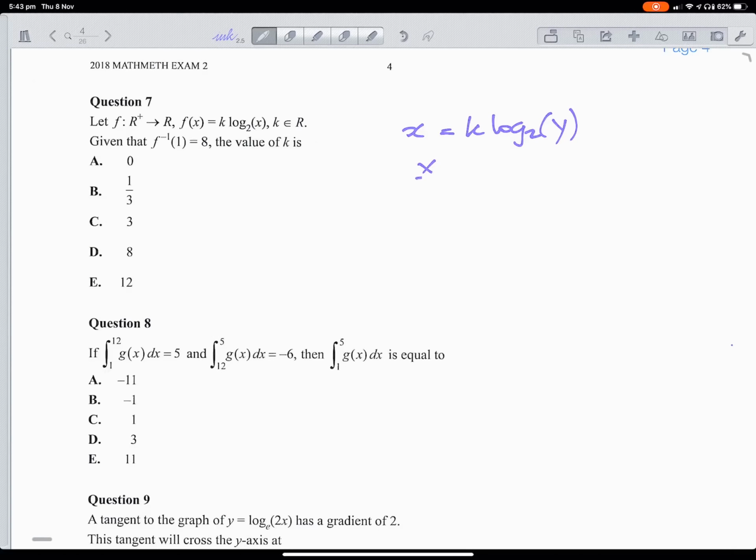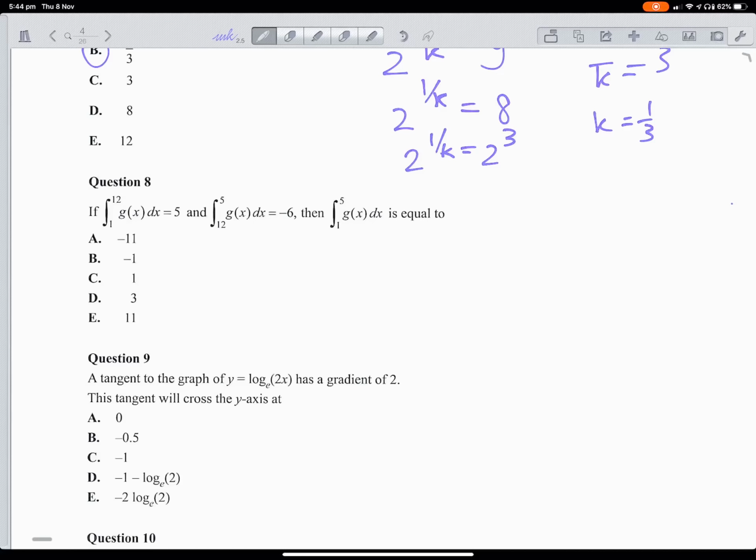So x on k, 2 to the power of that, is equal to y. And we know when x equals 1, y equals 8. So let's put that in. 2 to the 1 on k equals 8. 2 to the 1 on k equals 2 to the 3. 1 on k equals 3. K equals 1/3.